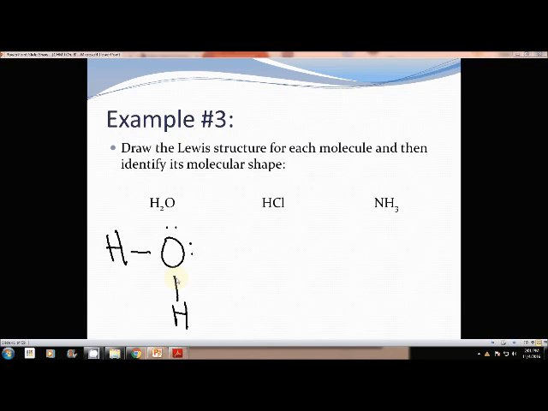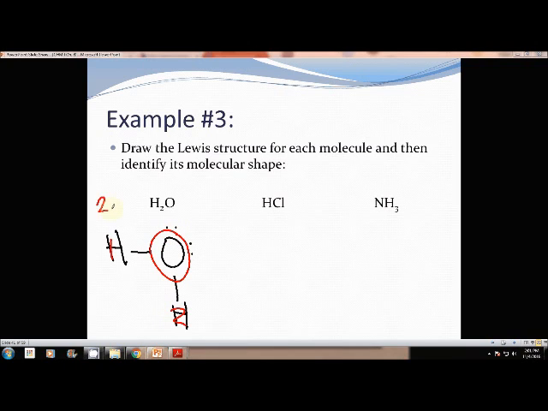Octet complete? Yes. Okay, now we are looking at the central atom. So our central atom is going to be the oxygen. So we're counting things that are on the oxygen. How many atoms have been connected to the oxygen? 2.